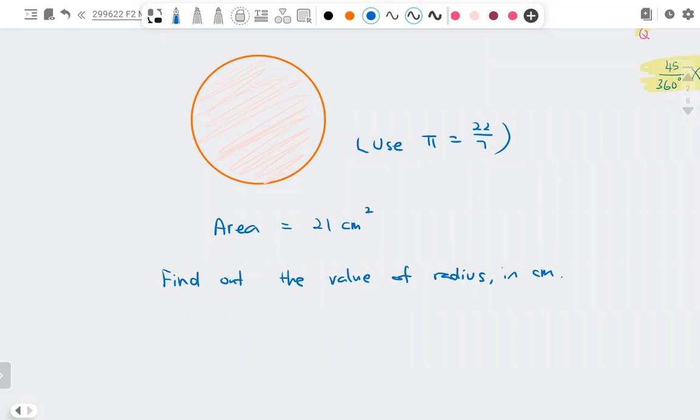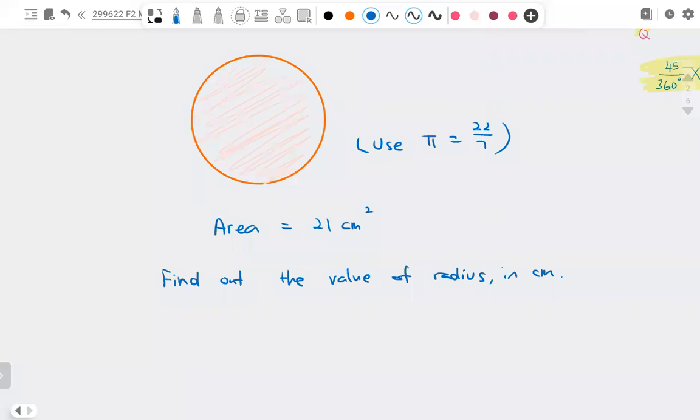Leave your answer in decimal form. To find radius, not to find area.